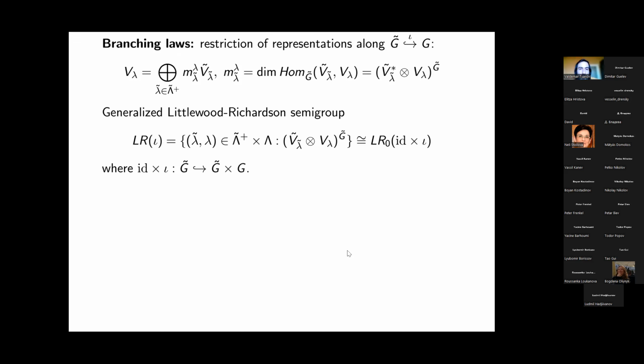This means I take an irreducible representation of the large group and split it as sums of irreducibles. So everything wearing a tilde is an attribute of the subgroup. And then we have some multiplicities, which is what? Well, the homomorphisms from the supposed subrepresentation in here. This may be 0 or maybe non-zero.